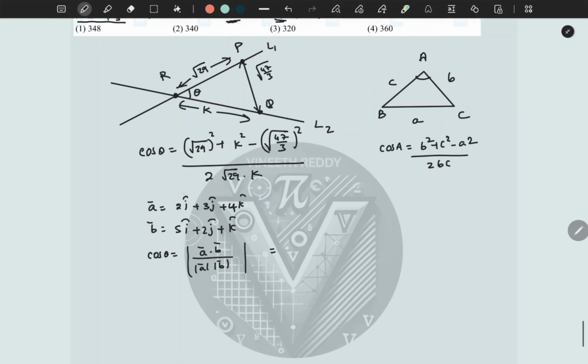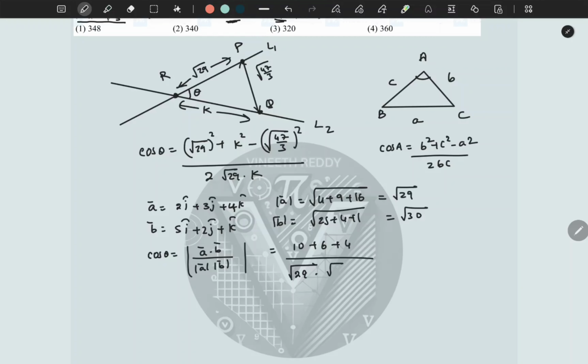So we get 2 into 5 is 10, plus 3 into 2 is 6, plus 4 into 1 is 4, divided by the square root of magnitude of A, which is root of 4 plus 9 plus 16, root 29, and magnitude of B is root of 25 plus 4 plus 1, root 30. So ultimately we get 20 by root 29 into root 30.